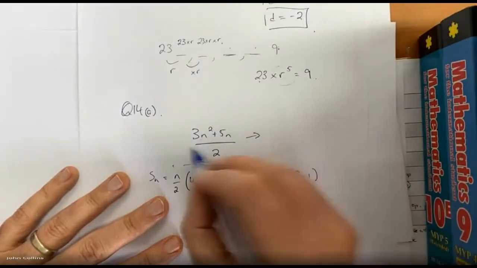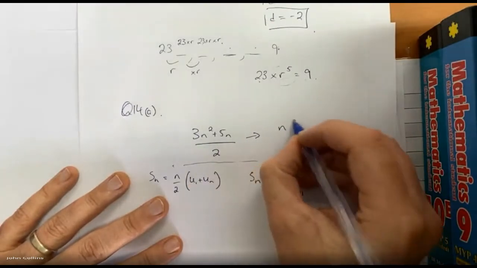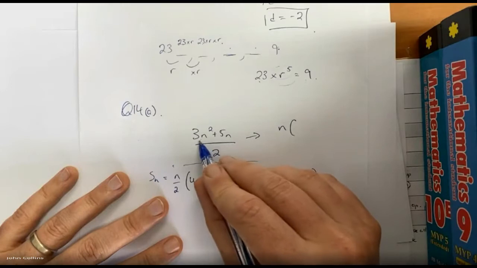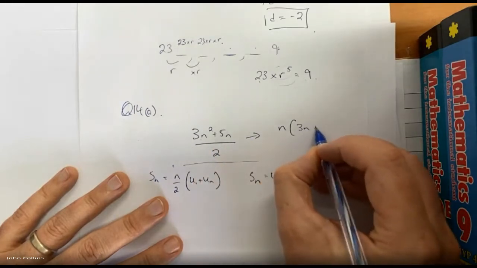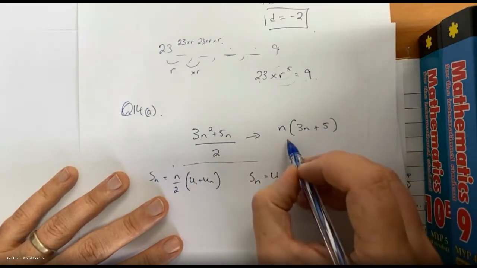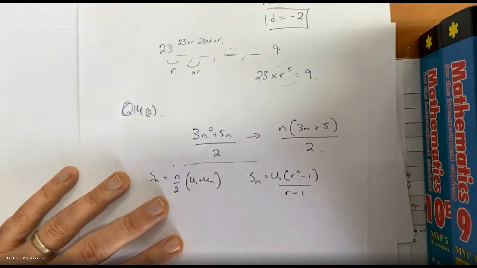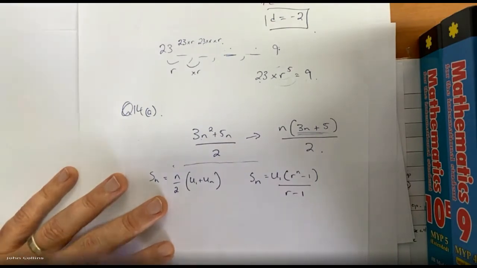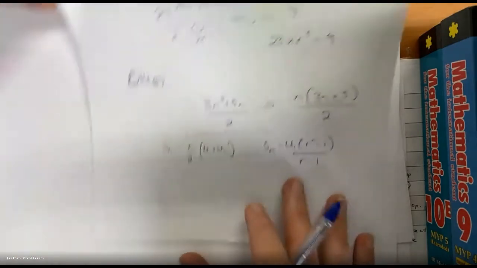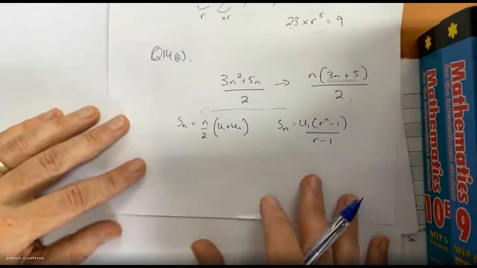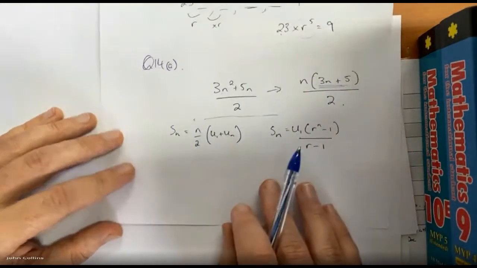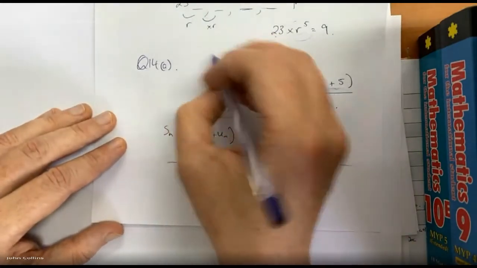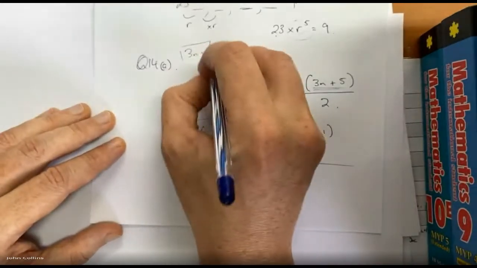If I factor out this n, that's going to be n times 3n plus 5 over 2. So just factor that out. So you got a 3n plus 5 here. So it's the sum of terms. The answer should be 3n plus 1. That's not my answer. Okay, so I'll have that. Oh, let's get 3n plus 1 is my answer. Okay.